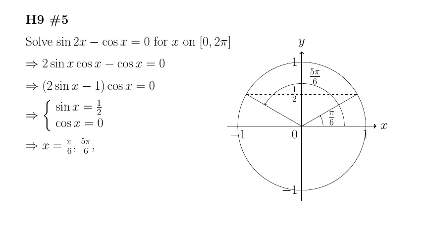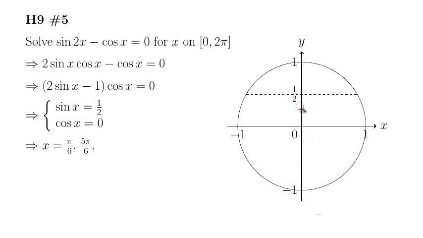I'm going to erase this picture so that we can see the next pictures more easily. Now we want to solve cosine of x equal to 0 for x. Cosine of x corresponds to the x-coordinate of the point on the unit circle.